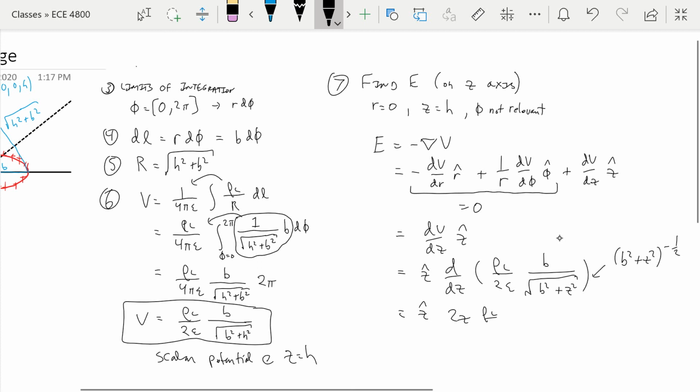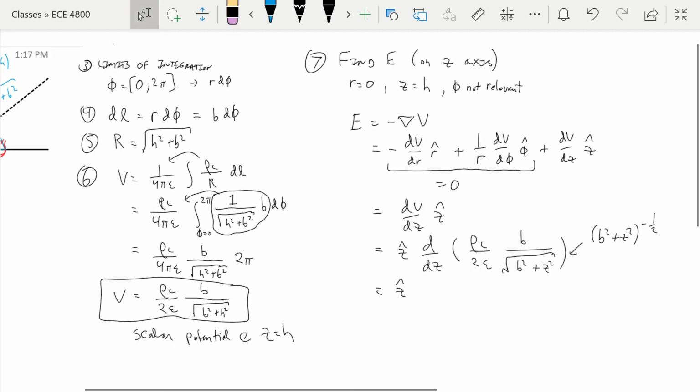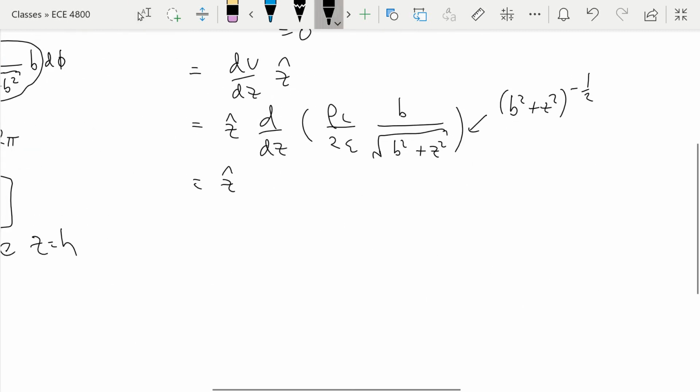rho L over 2 epsilon, and we'll have b over, I'm sorry, rho L b. Let me clean this up a little bit. This is getting a little messy. It's going to be rho L times b over 2 epsilon times z.